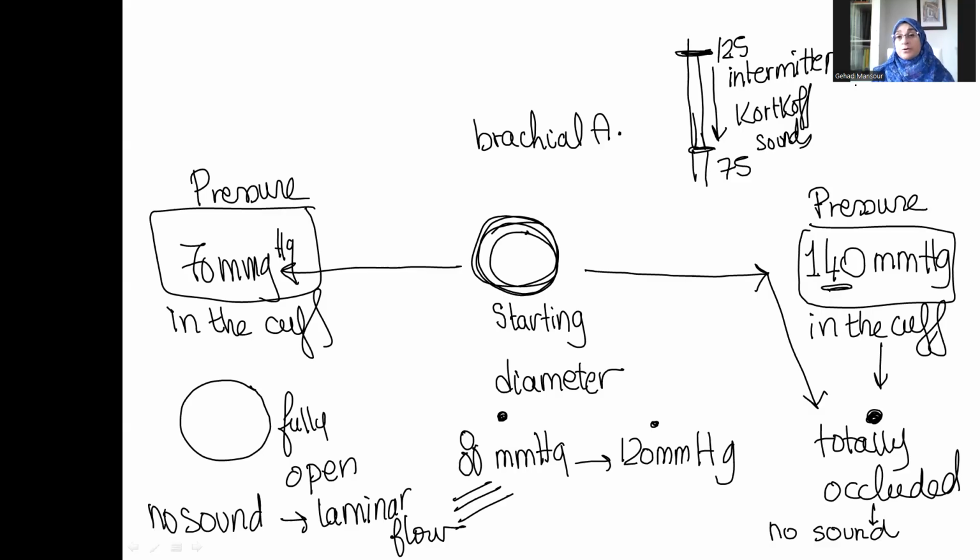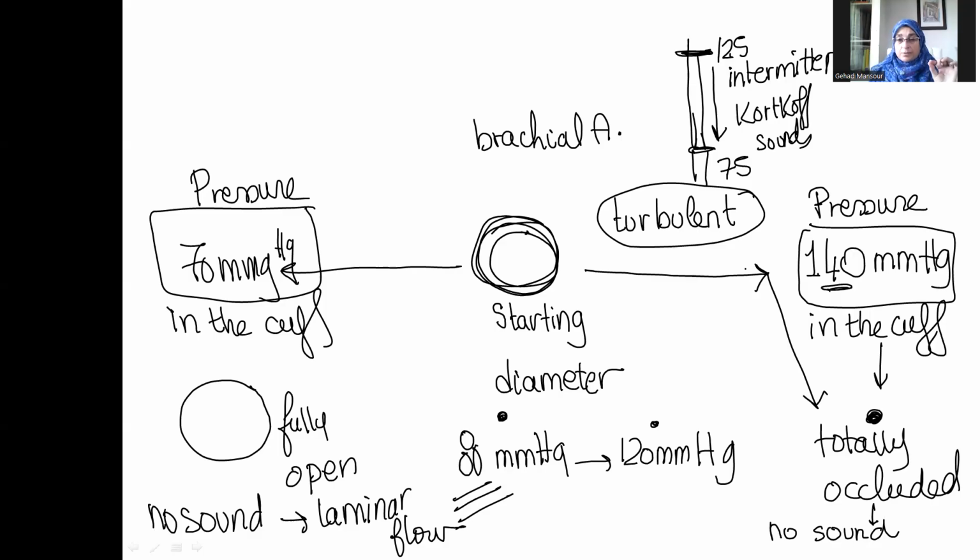Of course, since we hear a sound, then we have a turbulent flow. In between this upper value, above which you hear no sound because of complete occlusion of the artery, and the lowermost value, 70 or 75, below which you hear no sound because the artery is fully open, there are intermittent sounds.